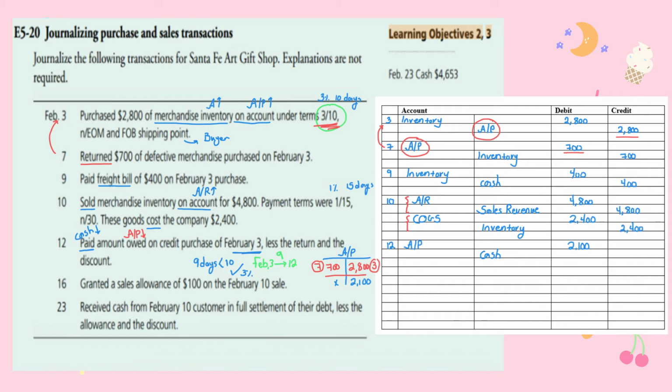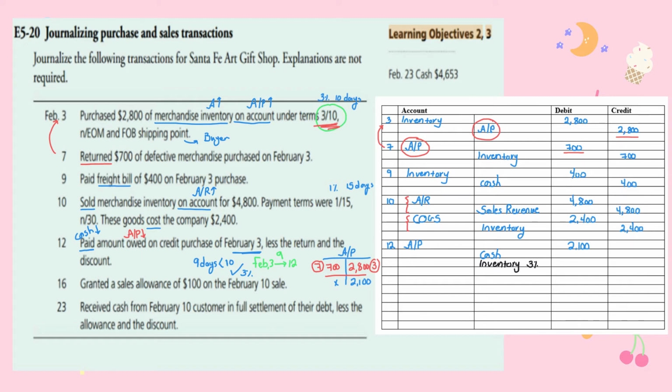So if I'm the buyer and I'm the one getting a discount, I need to decrease the inventory account because the inventory is recorded at 2,100, but I'm not going to pay 2,100. I'm going to pay less, so I need to decrease the inventory account by the 3% discount on 2,100.